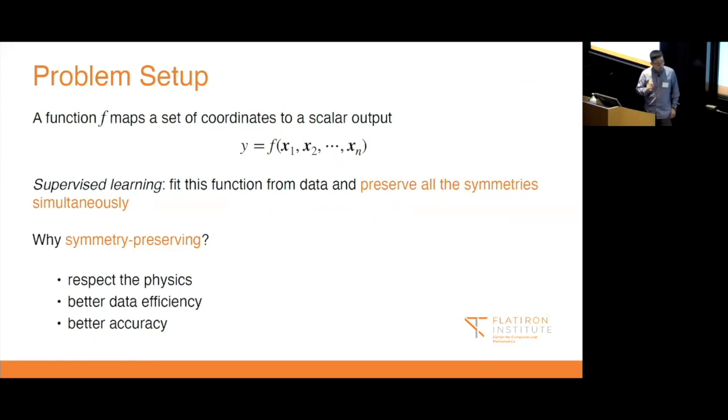Okay, so one thing I want to clarify is that this argument does not hold from our traditional way of PDE solving or quantum mechanics. When you solve the Schrodinger equation to find the ground state, or traditionally solve a PDE, you do not care about symmetry preserving so much.